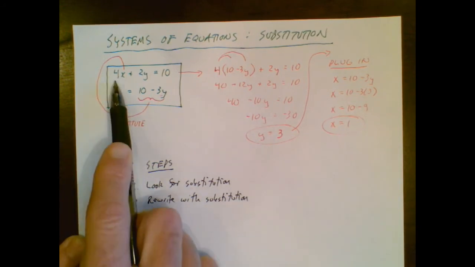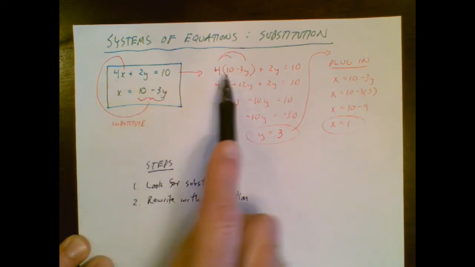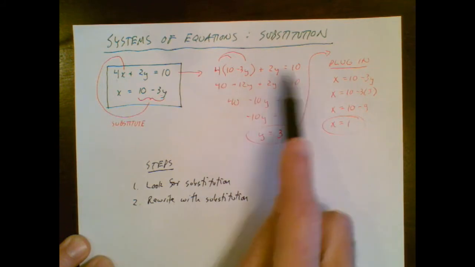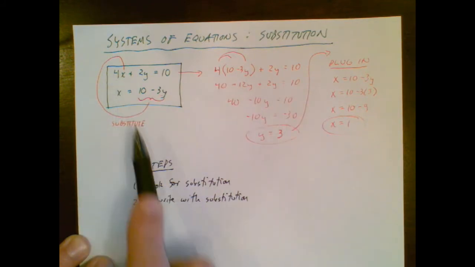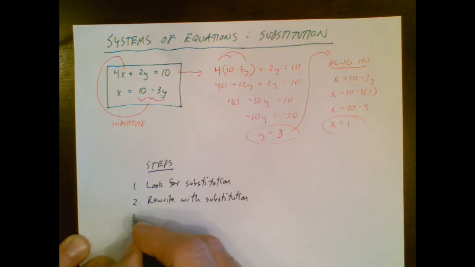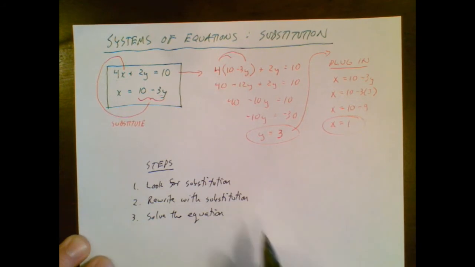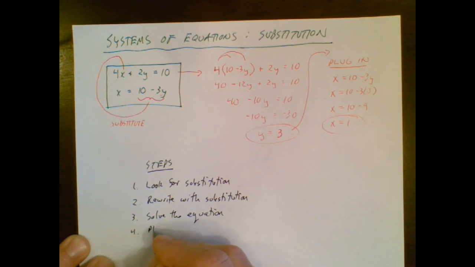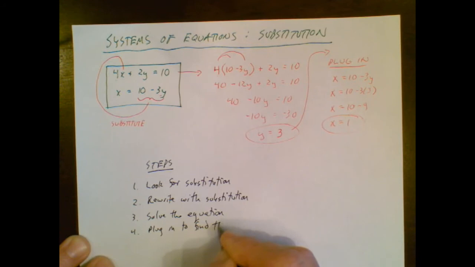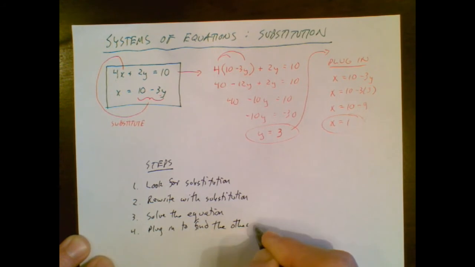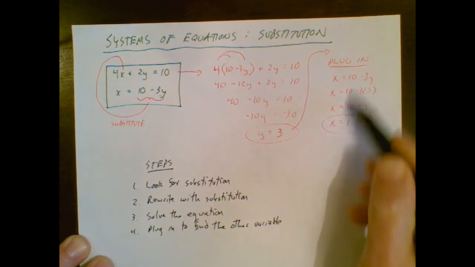So that showed up here. This equation, I rewrote it, substituting my x. Then I'm going to solve the equation. That's what happened right here. And then finally, I'm going to plug in to find the other variable. And that's what I did right there.